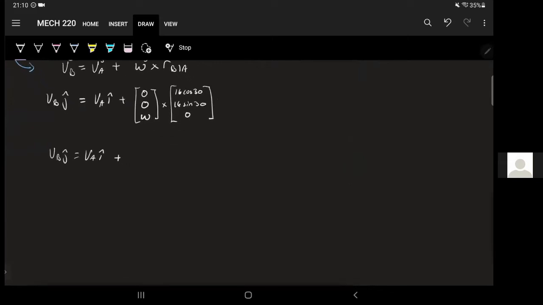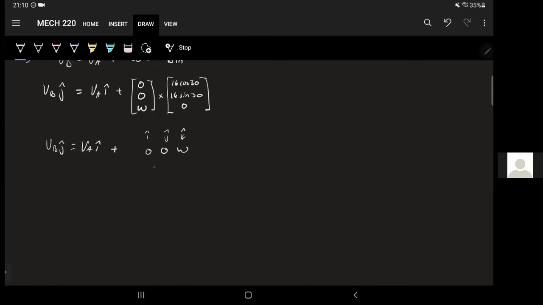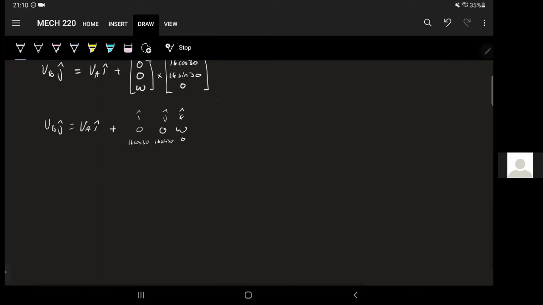Right, so I'll actually do it in a different direction. There's like two ways to do this. I find it easier sometimes to see it this way. 0, 0, omega, 16 cos 30, 16 sine 30 and 0, right? And so you start with this one here. So you get minus 16 omega sine 30.